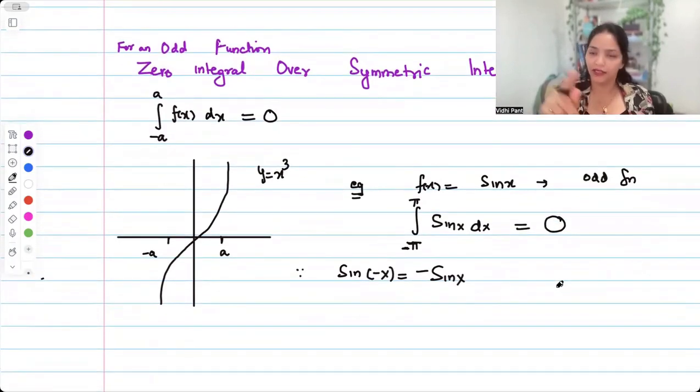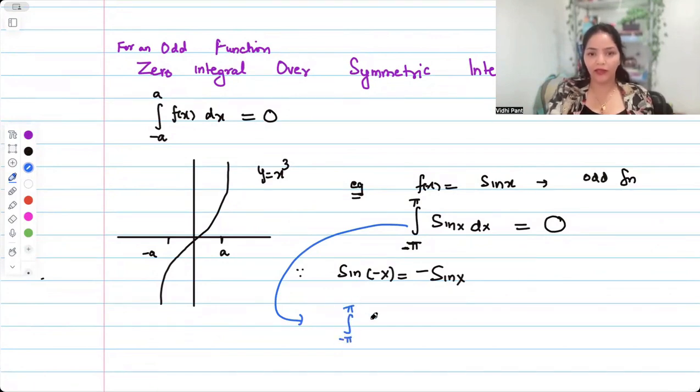In fact, let me just tell you why this is happening. The thing that I'm telling you, positive and negative cancel each other out. So why not just solve this integral? Integral from minus pi to pi of sine x dx is equal to the integral of sine x, which is minus cos x, from minus pi to pi.